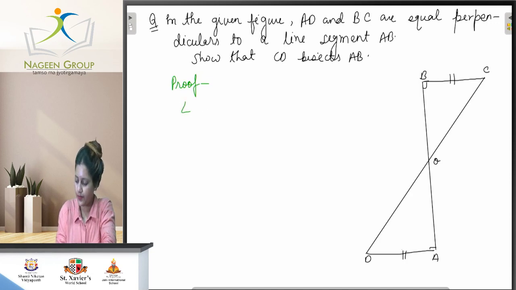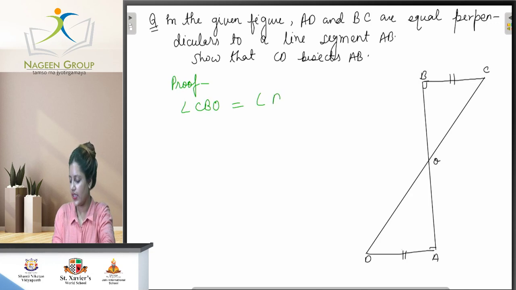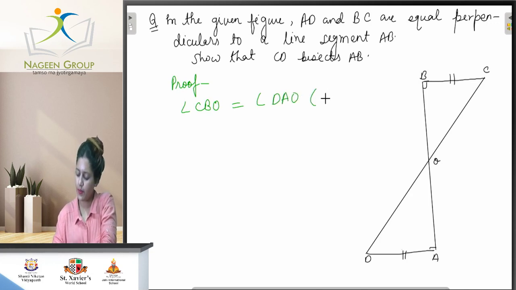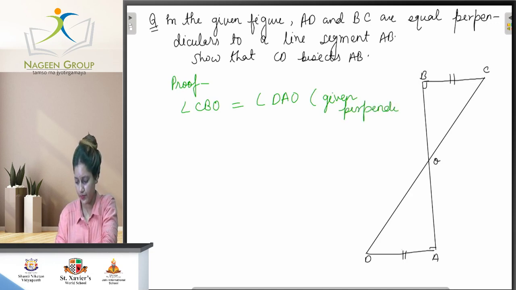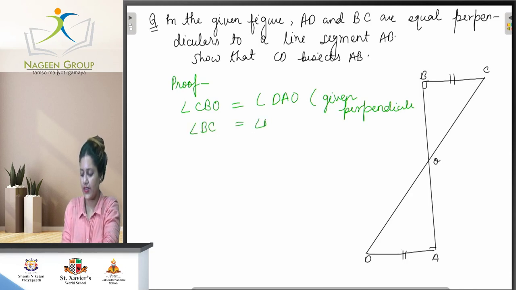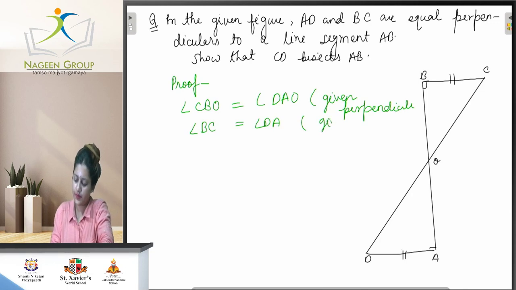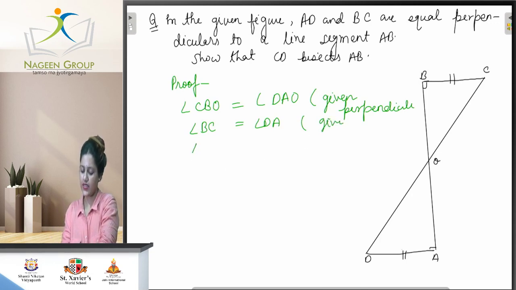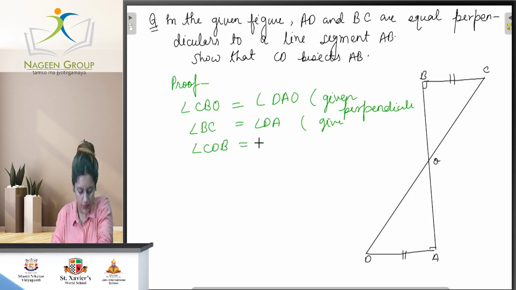So angle CBO equals angle DAO, given perpendiculars. Next, side BC equals side AD, given. And the main thing is angle COB equals angle AOD. Why?